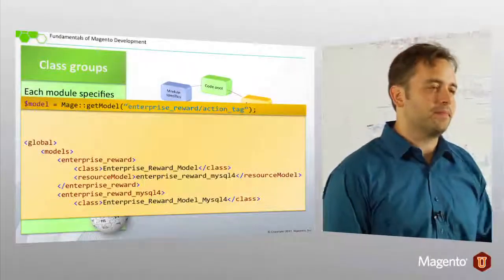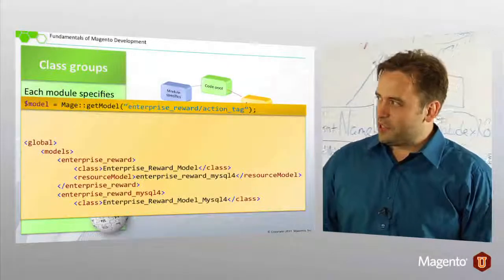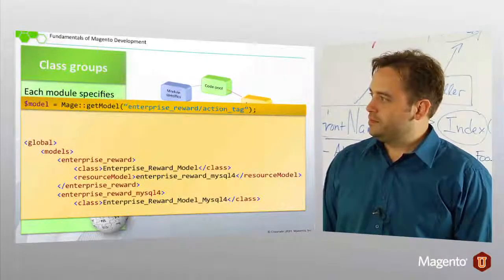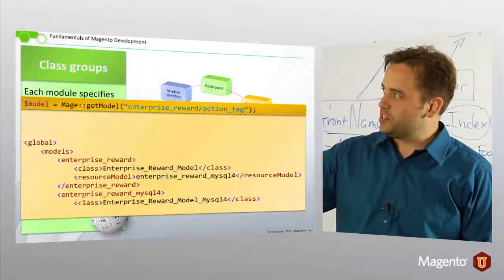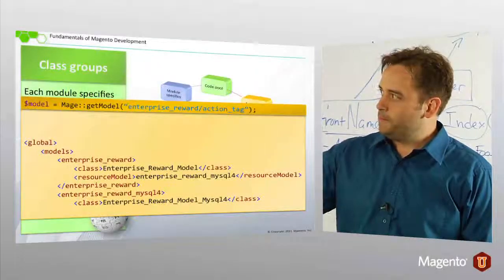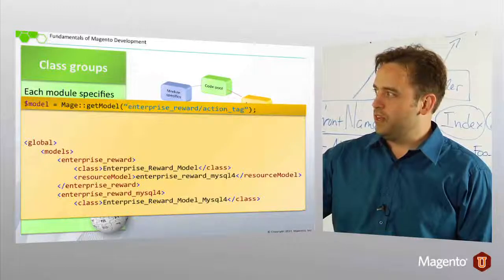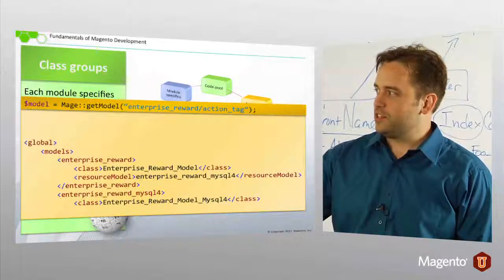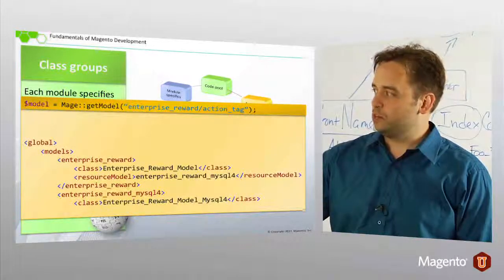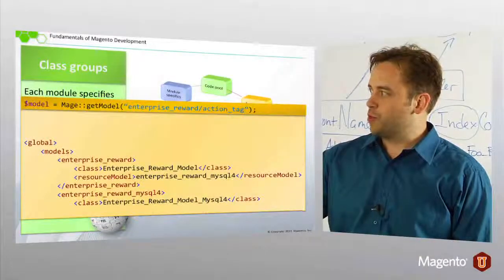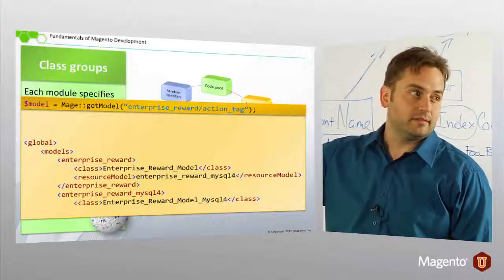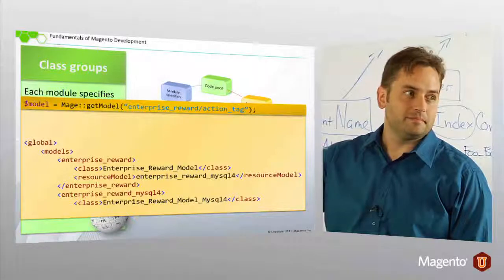That's our class group. And again, the system uses this to look up this node, and then in this node finds this class node, uses this value, and tries to load enterprise reward model action tag. Okay?